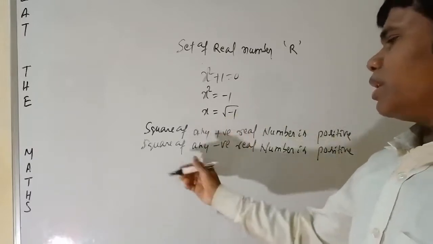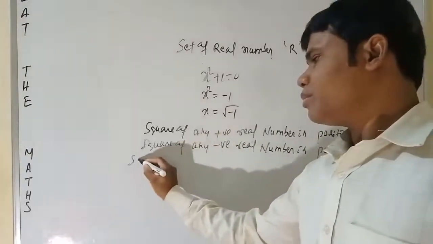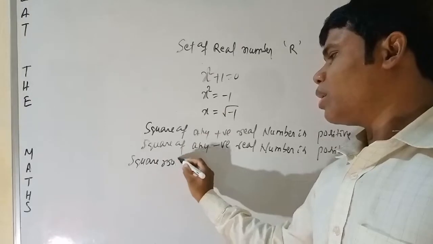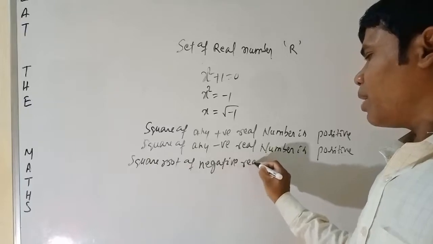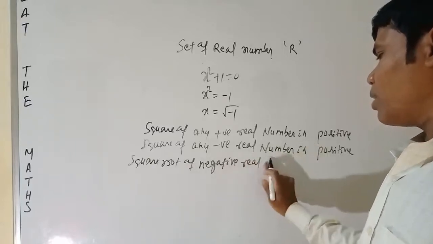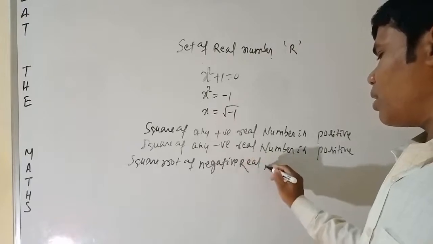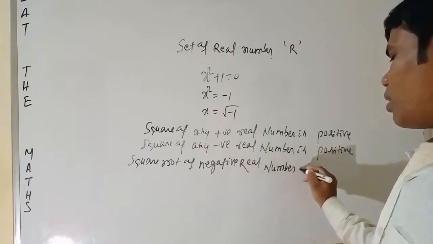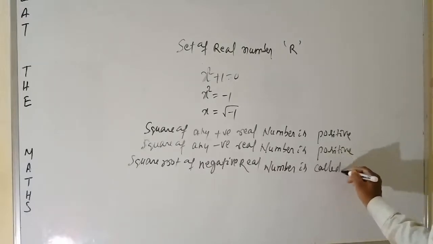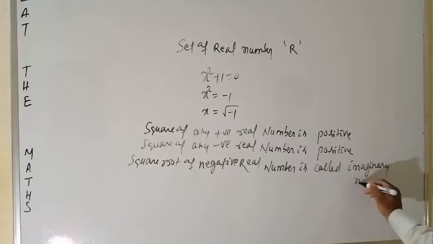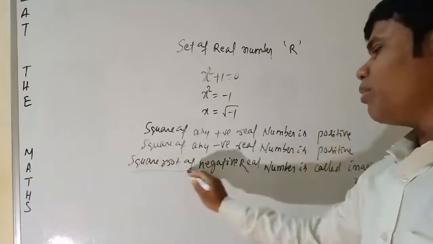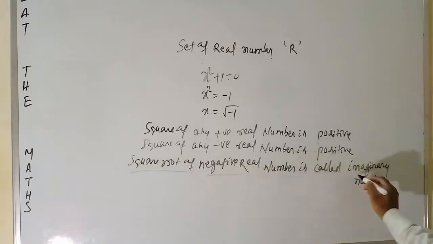Okay, the square root of a negative real number is called an imaginary number.